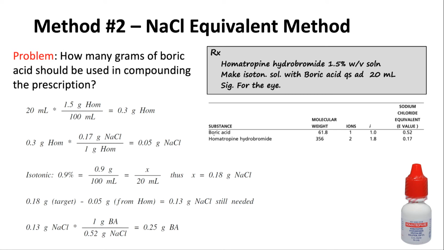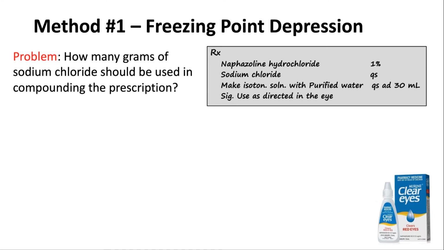So 0.25 grams of boric acid would have the sodium chloride equivalent of 0.13 grams, which is the additional amount of osmotic force I need to add to my homatropine to give me an isotonic solution when we're completed. And that answers this question, accomplishing the same thing but using the sodium chloride equivalent method.